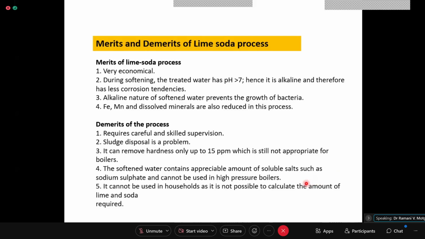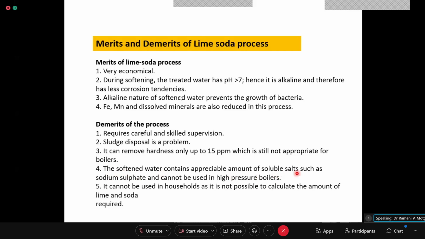Sodium sulfate may be incorporated. When soda is added, like calcium permanent hardness, calcium chloride plus Na2CO3 gives calcium carbonate precipitate, and the rest will be NaCl. So NaCl is increasing the total dissolved solids. TDS is a very important factor.